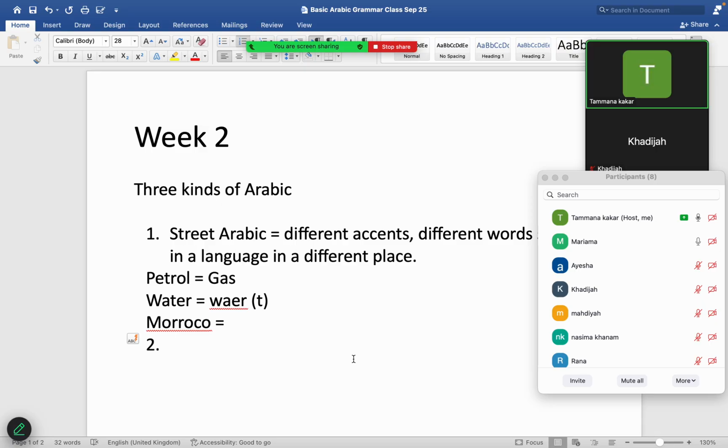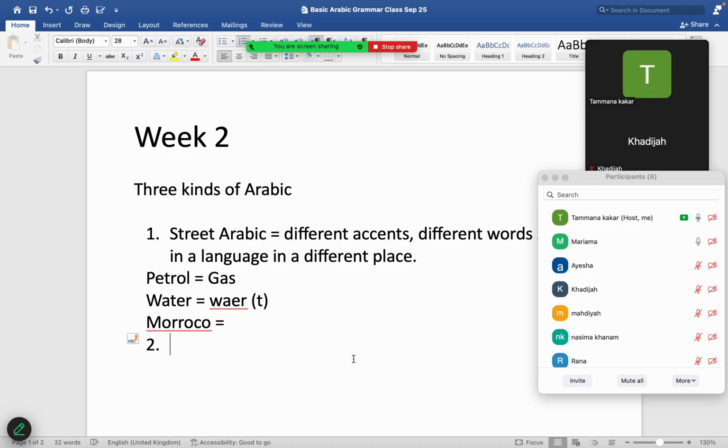That's right. Why we are not learning street Arabic? Because we need to understand what we are reading. The reason is that street Arabic keeps changing, right? The grammar we are trying to learn is from Quran. So Quran is not a nowadays language or book. It's from very before, an ancient book. That's why.